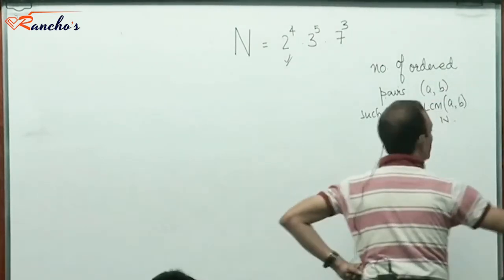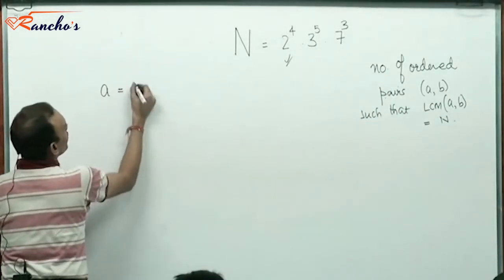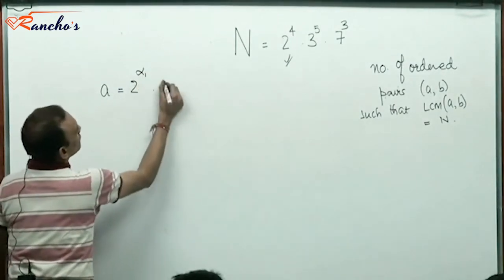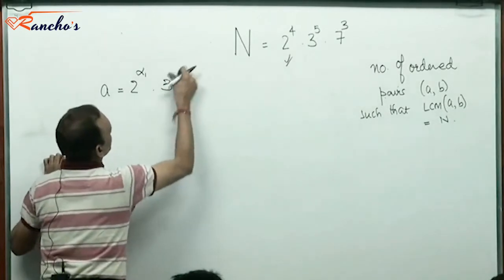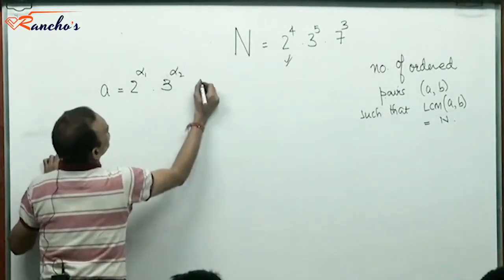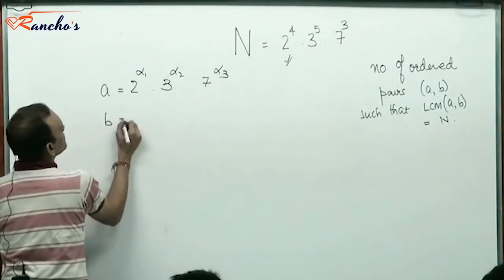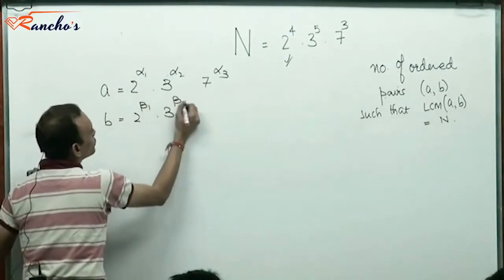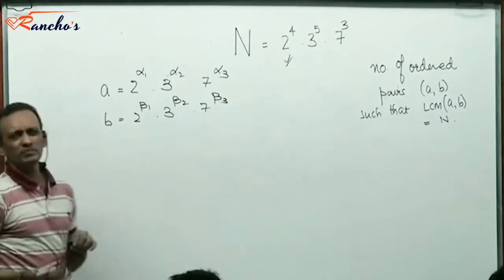Which is to say that a, for example, must be of the form 2 to the power alpha 1, 3 to the power alpha 2, 7 to the power alpha 3, and b must be, say, 2 to the power beta 1, 3 to the power beta 2, 7 to the power beta 3. Do you realize that both a and b must be of the same form?